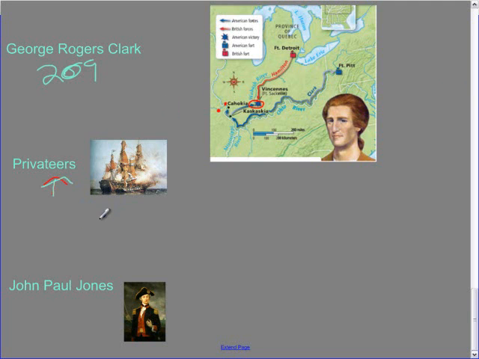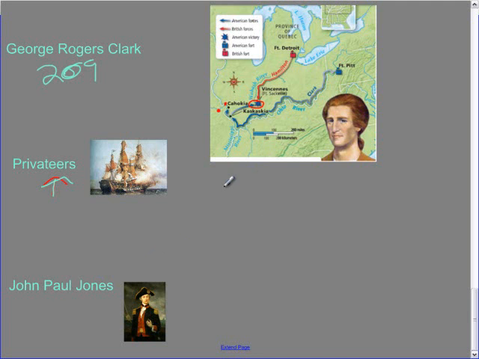The privateers are basically pirates that are granted permission to attack an enemy's merchant ships, so we steal their supplies, and because we steal their supplies, we gain those supplies and they don't get them, so win-win for us. So privateers help us capture British merchant ships.